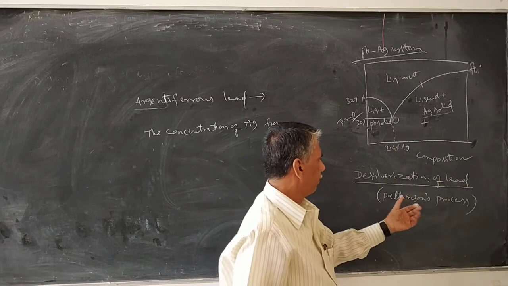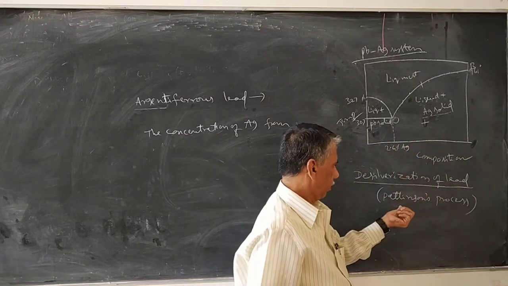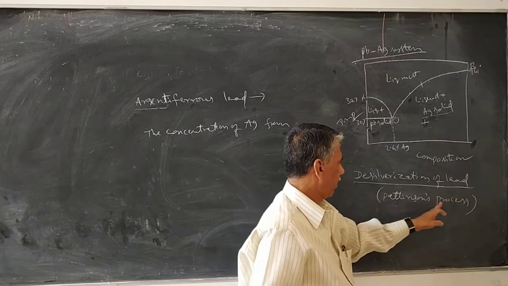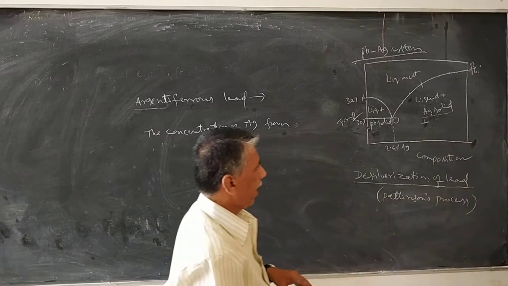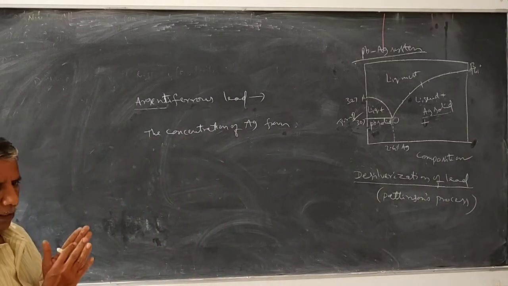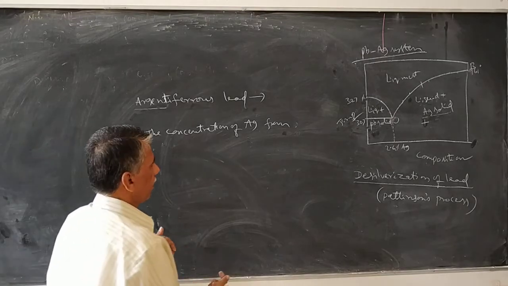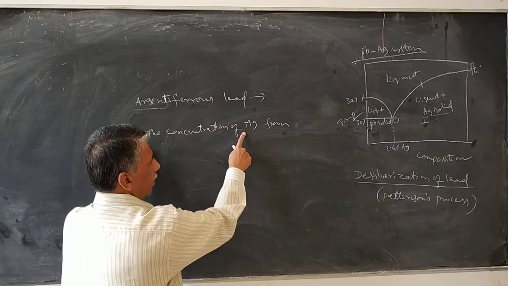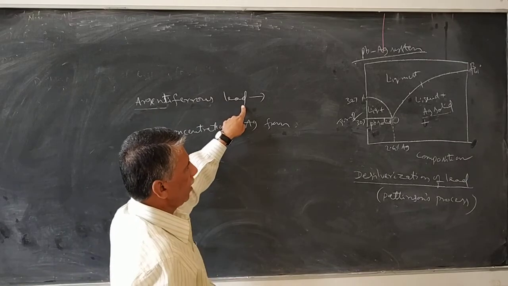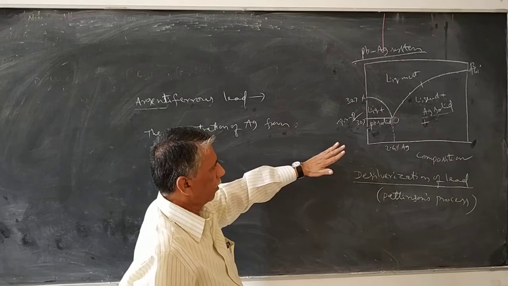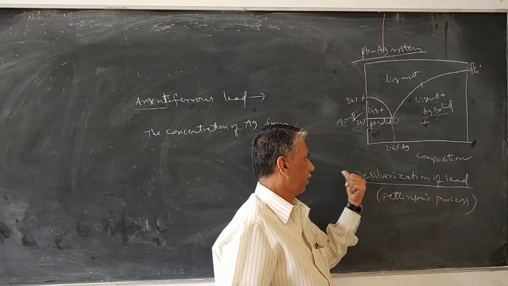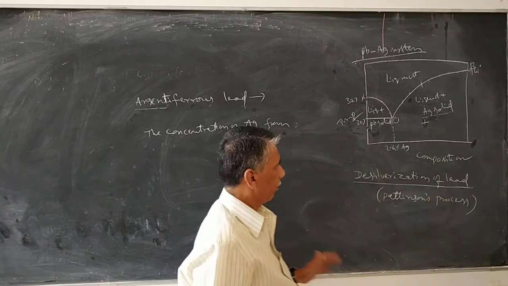The method is based on phase rule principles, and this is done by Parkinson, and hence the name Parkinson's process. So that is about the desilverization of lead. Let me repeat: the concentration of silver from argentiferous lead by using the phase rule principles is known as desilverization of lead, and this method is called Parkinson's process.